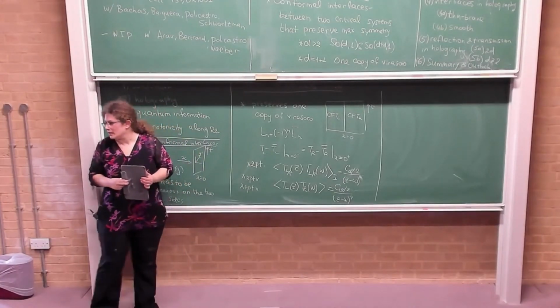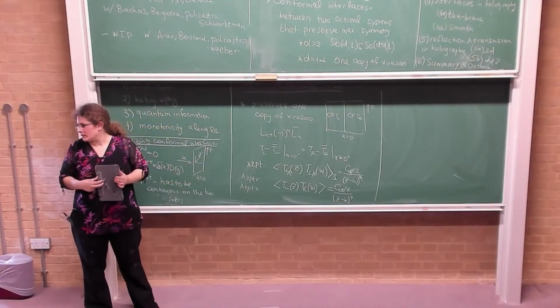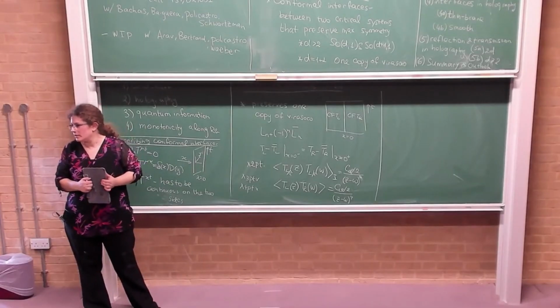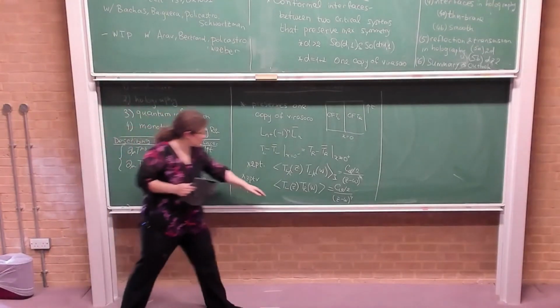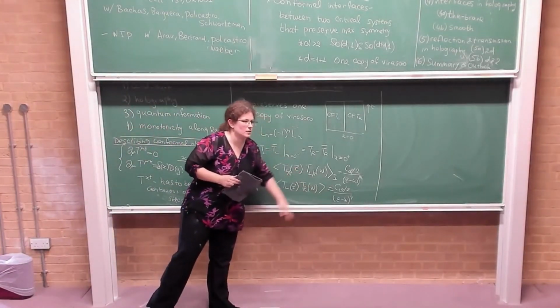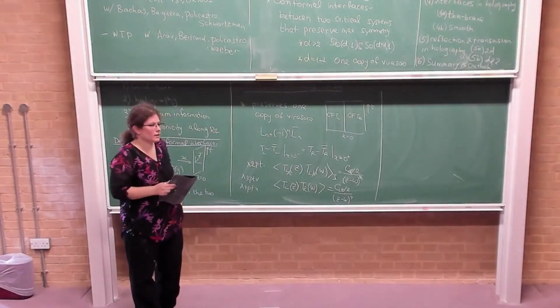Then T left separately and T right separately. Topological, I would say, if they don't talk at all, in the sense that if this correlation function is vanishing, I would say it's topological.